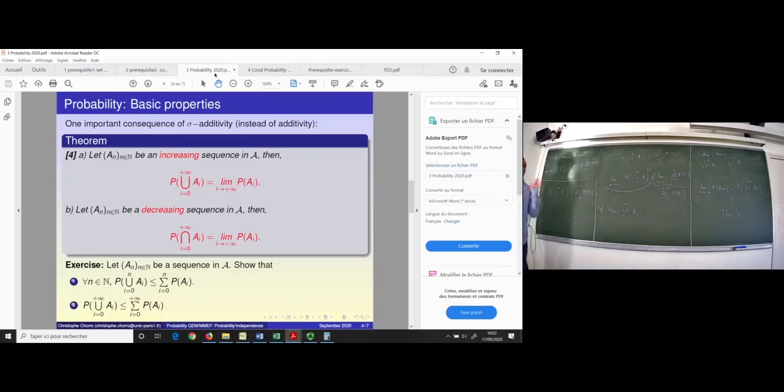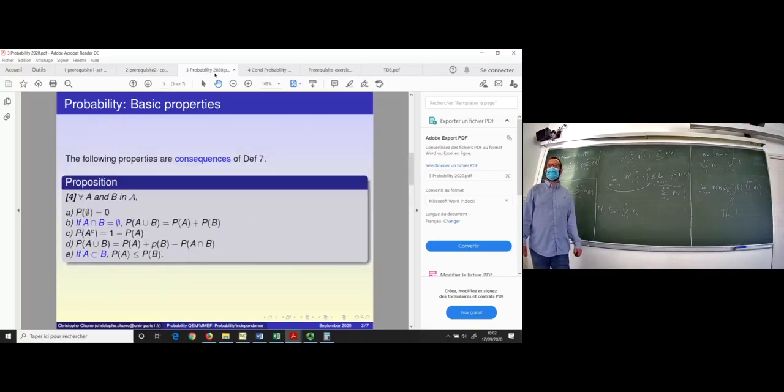So concerning the basic definition of a probability, it will be finished for the course here. A probability will be for me something such that P of omega is 1, and I fulfill the sigma additivity, that is, if I have a sequence of pairwise disjoint sets, the probability of the union is equal to the sum of the probabilities. I know that from this definition, I have these basic properties that we can use.